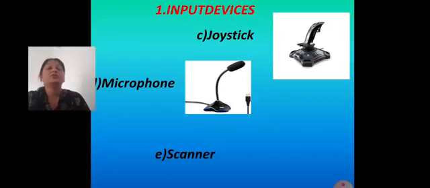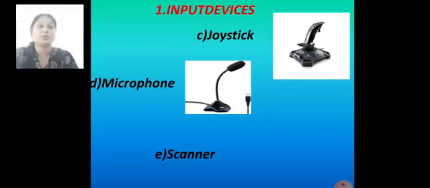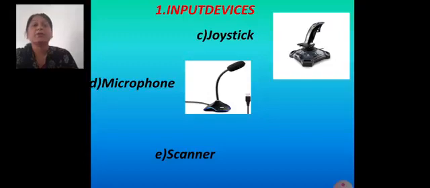With the help of the microphone we record our voice and send it to the computer. So whatever device we use to put something in the computer is called an input device.